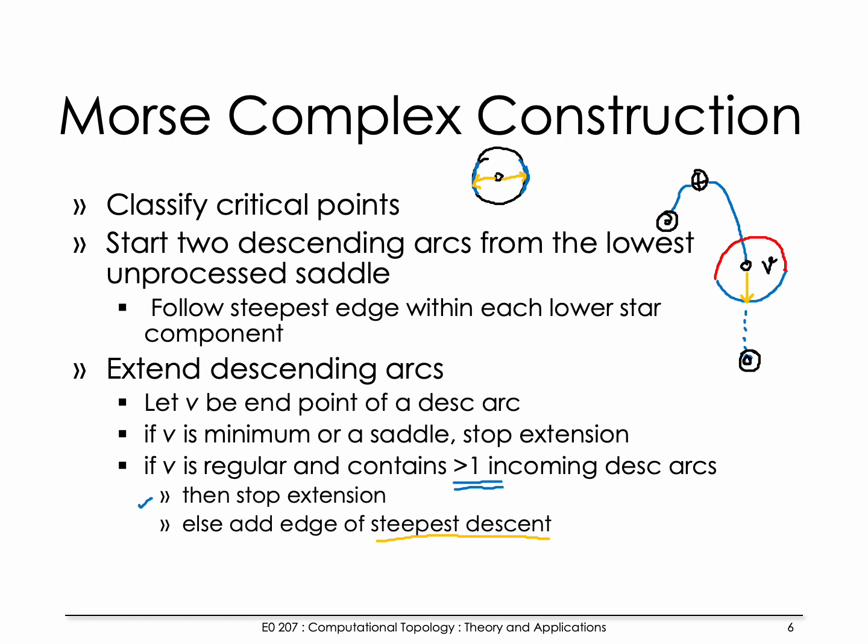And eventually we will see how we can find the two cells. That's actually quite simple. Once we have the descending arcs, we have the boundary of all these two-dimensional cells. So this is the simple arc tracing algorithm.